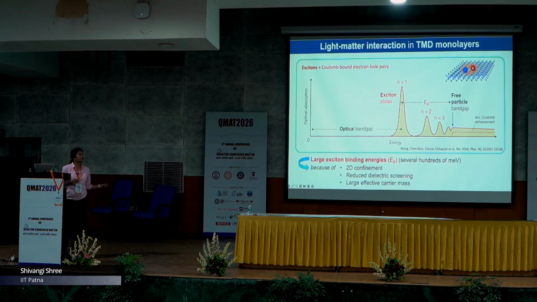This is because we have a 2D confinement, also the large effective carrier mass and reduced dielectric screening. And similar to the hydrogen atom, in these materials we see excitons which have, let us say, a ground state and then higher energy exciton states that we can probe optically.